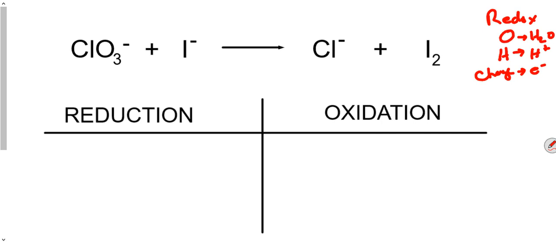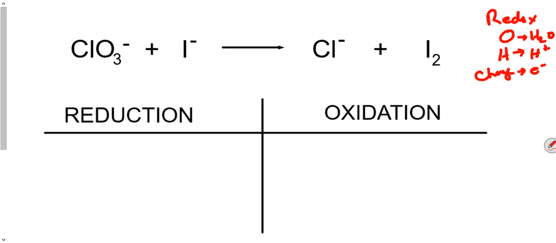I'm keeping this here just as a little reminder of the steps that we're going to follow. So you'll notice that I've got a little chart prepared. I like working vertically. I find I make fewer mistakes that way. And we have a reaction, and from this reaction you can't tell if the solution's acidic or if it's basic, but I'm going to tell you right now we're going to balance this one in acid.